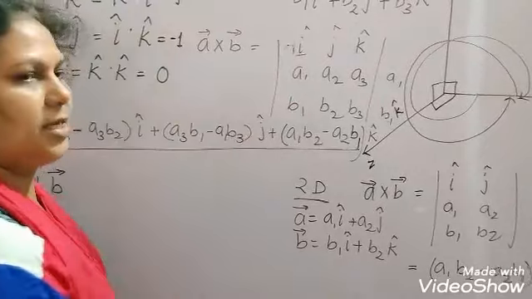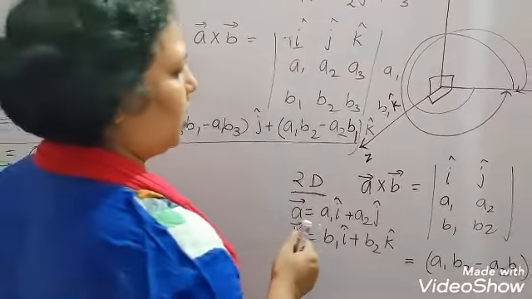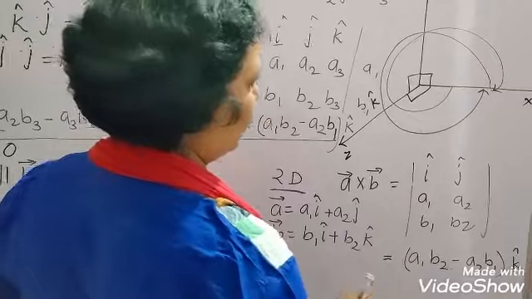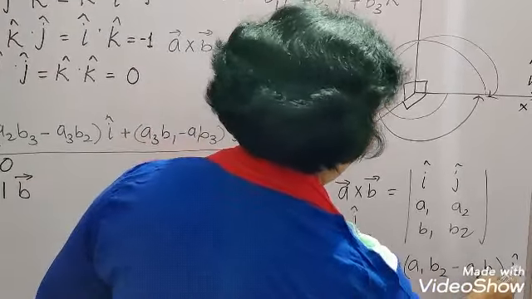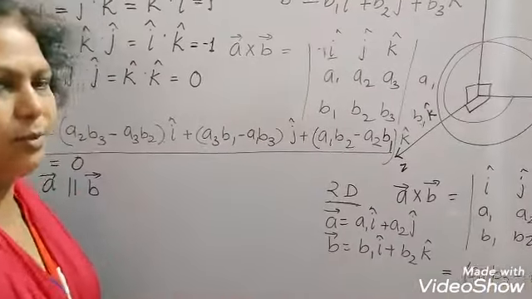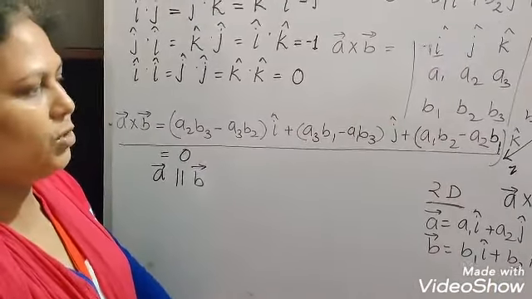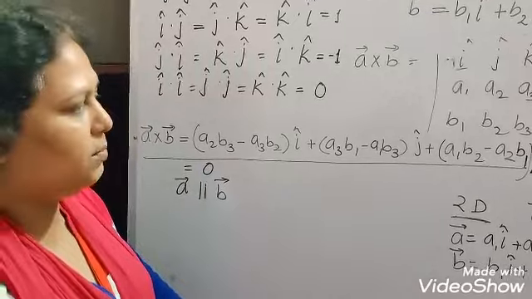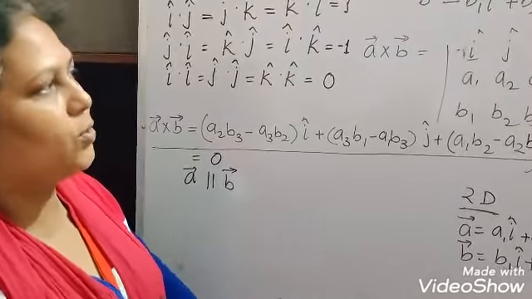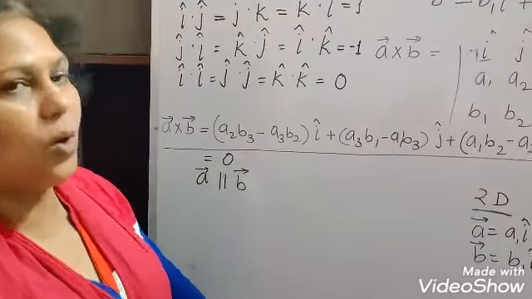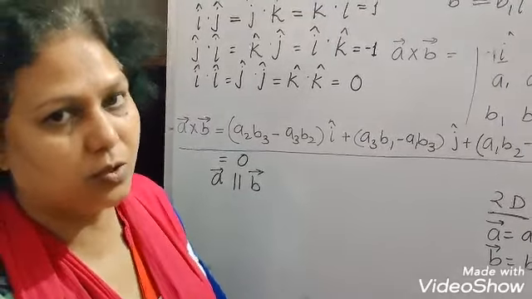We'll get the resultant along the Z axis, that is a1 b2 minus a2 b1 k cap. This much only for 2 dimension vectors. So this way we are going to calculate the dot product and the cross product.